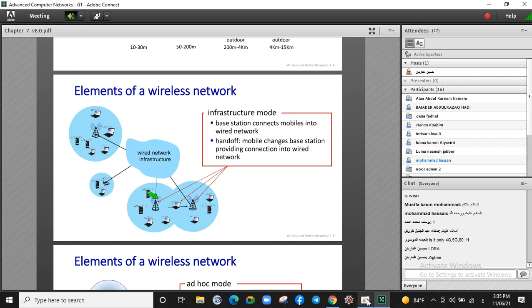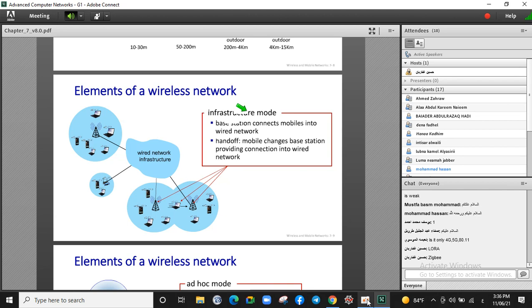Okay, and we have one more element in a wireless network, and that element is: may I use an infrastructure in my wireless network or no?